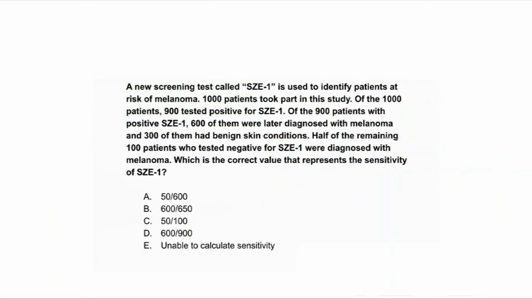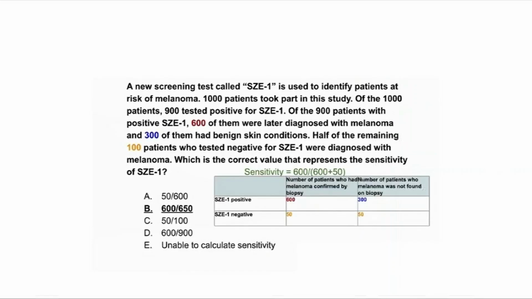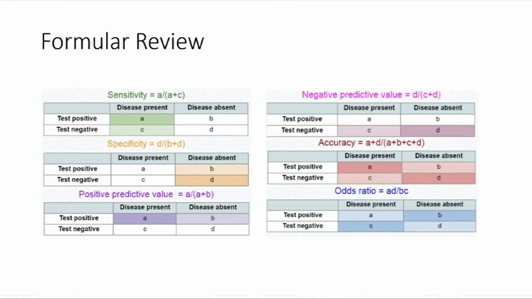A new screening test, you can pause this, read it and attempt it. This is the answer. Pause this slide and take your screenshot. This is what we have been discussing: sensitivity, specificity, positive predictive value, negative predictive value, accuracy, and odds ratio.